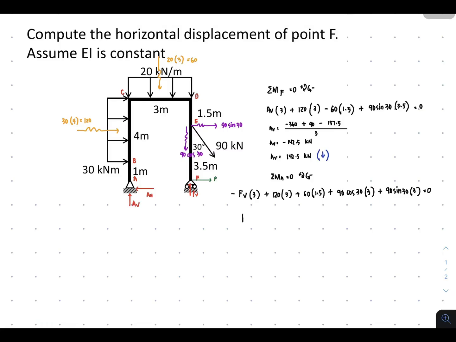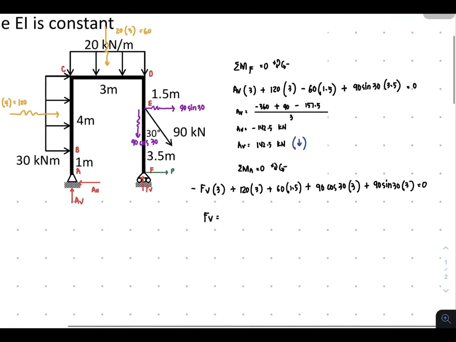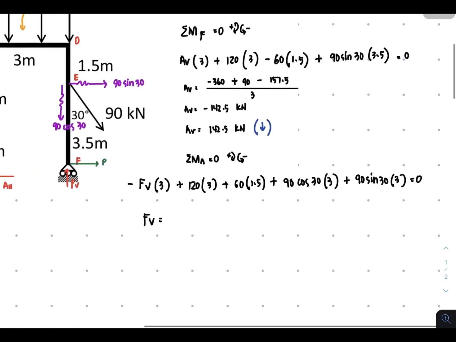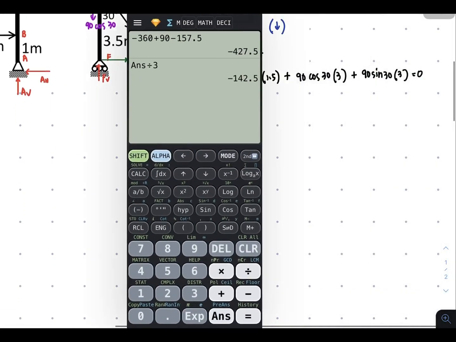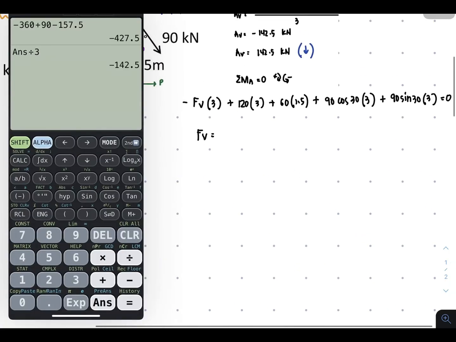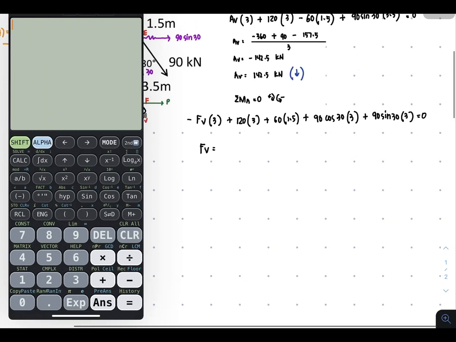So for FV, after you transfer, you have everything divided by 3.